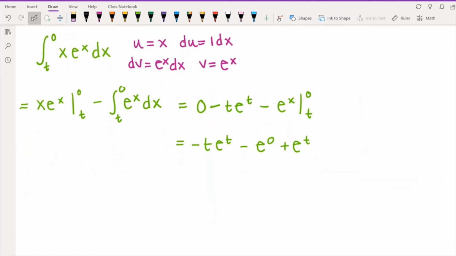So altogether we get negative t e to the t minus 1 plus e to the t.